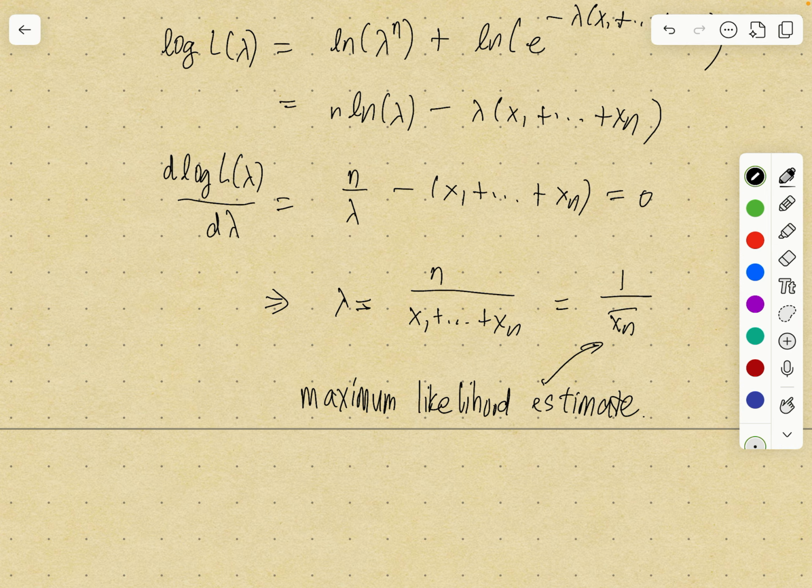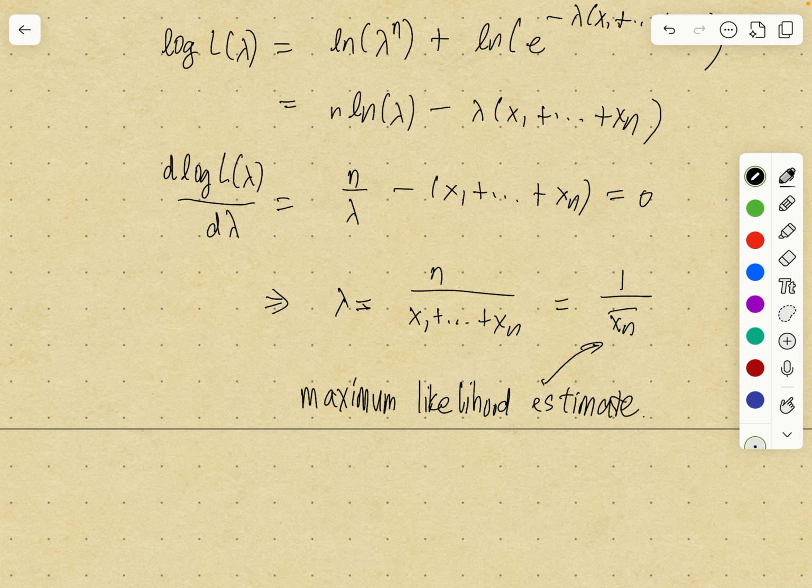So for instance, if you suspect that something is described in terms of an exponential distribution with the parameter lambda, and let's say that you take one measurement and you get 2, and you had to guess what lambda was, you would guess that lambda is a half from the maximum likelihood approach.